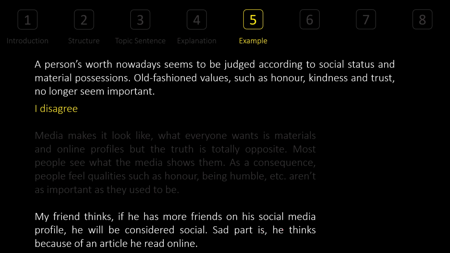Sad part is, he thinks because of an article he reads online. So he found this online and he thinks that he will really be a social person because he has more friends online. You got it? An example that is shown according to the situation will make the point more desirable and concrete.